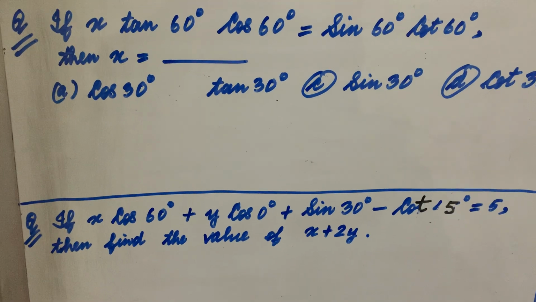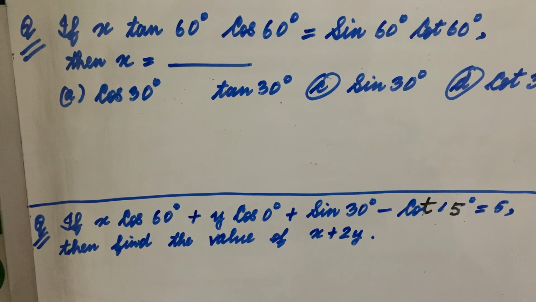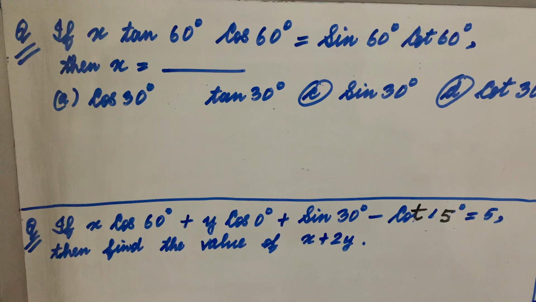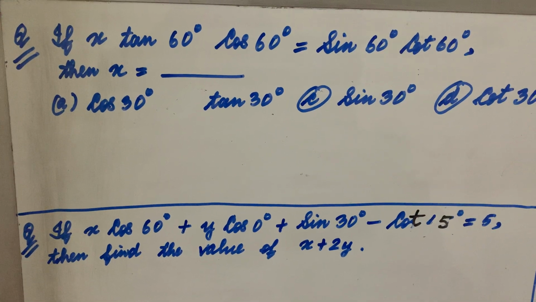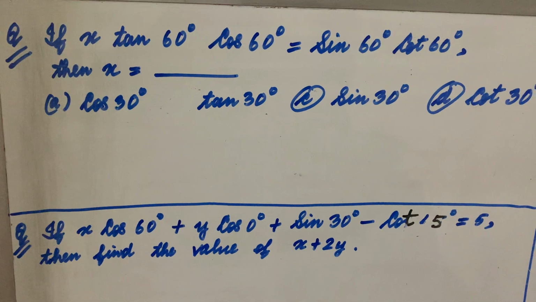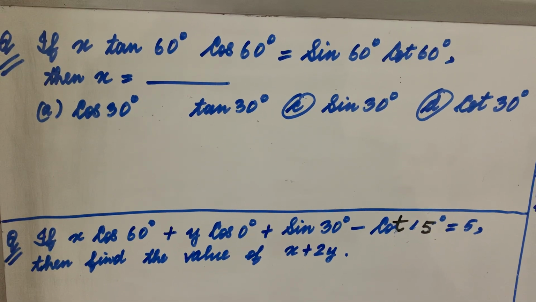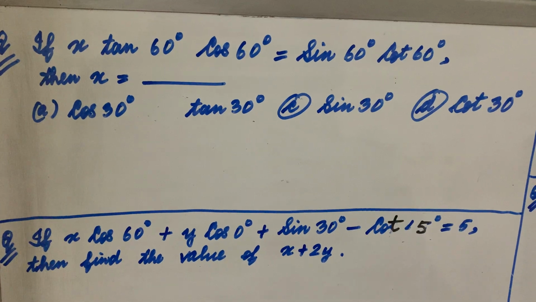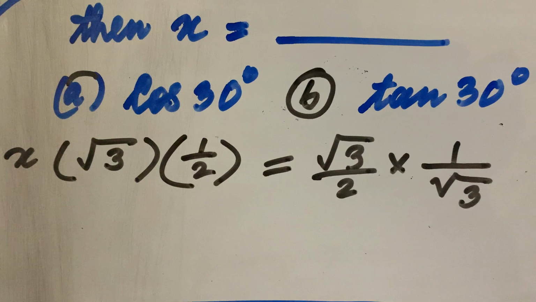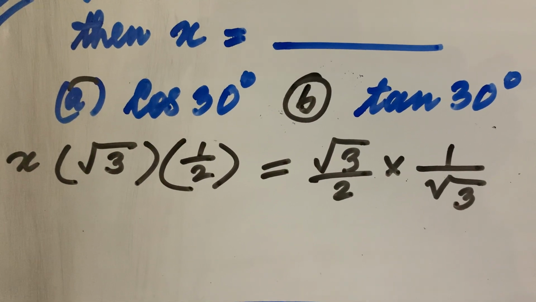The first problem today is: if x tan 60 cos 60 equals sine 60 cot 60, then x is equal to dash. The options given are cos 30, tan 30, sine 30 and cot 30. Simply put the values of tan 60, cos 60, sine 60, cot 60. You will get the value of x. X into root 3 into half equal root 3 by 2 into 1 by root 3.